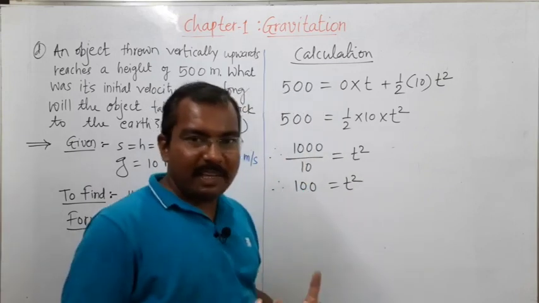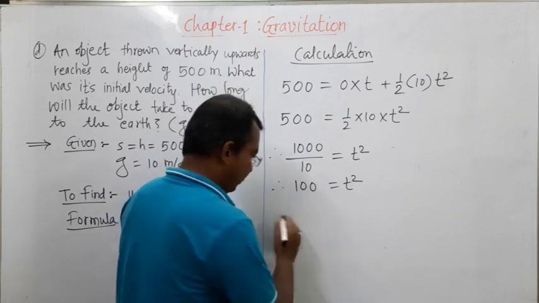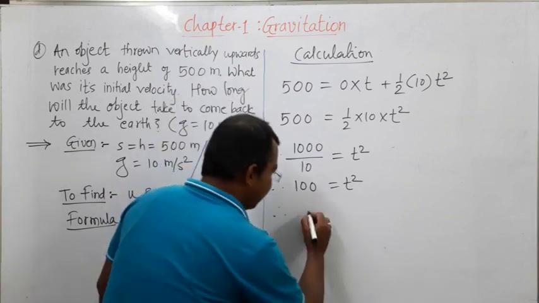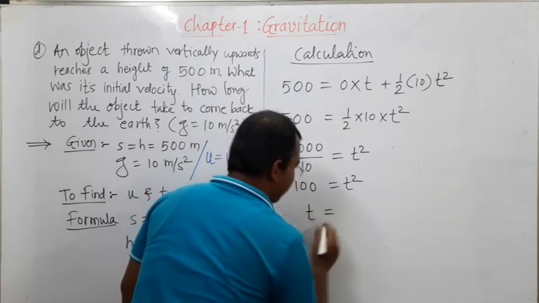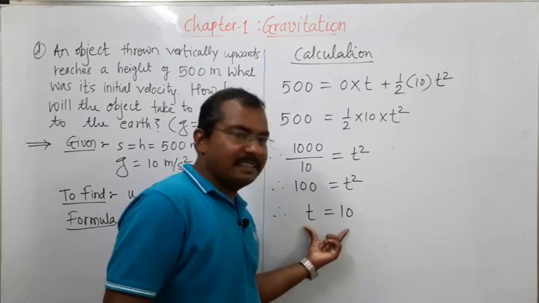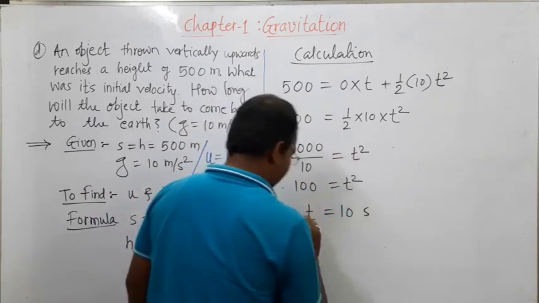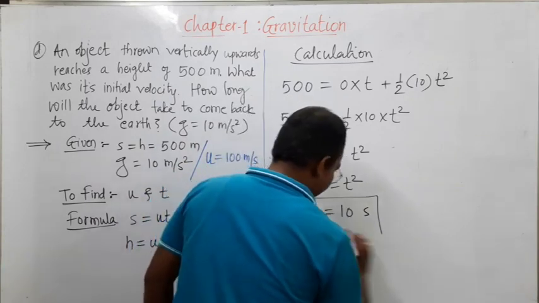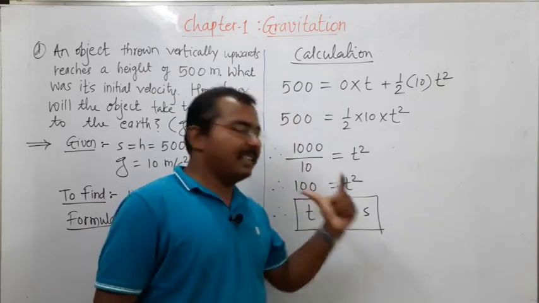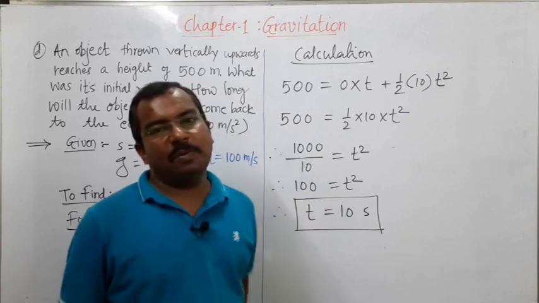Now we can take the square root of both sides. I will write by inverting the sides. t is equal to square root of 100 is 10. So time is 10 seconds. Put the unit. त्या ऑब्जेक्टला वरून खाली येण्यासाठी 10 सेकंद लागतील. t will be 10 seconds according to formula.